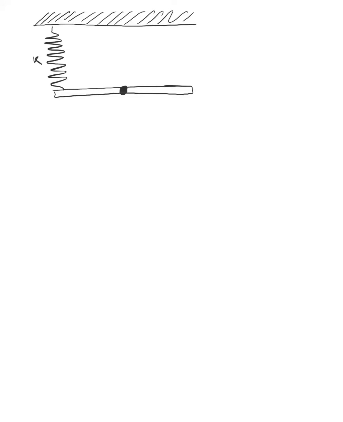You know the mass of this rod, you know the k for the spring. The question is, if the rod is rotated slightly and then released, it's obvious that it will start oscillating. The question is, what's the period of those oscillations?